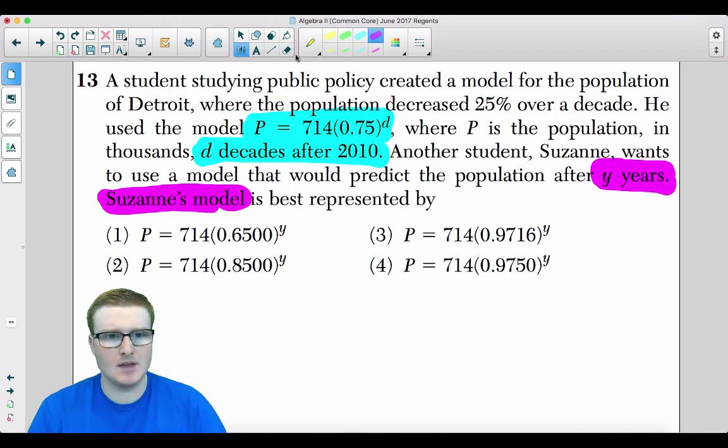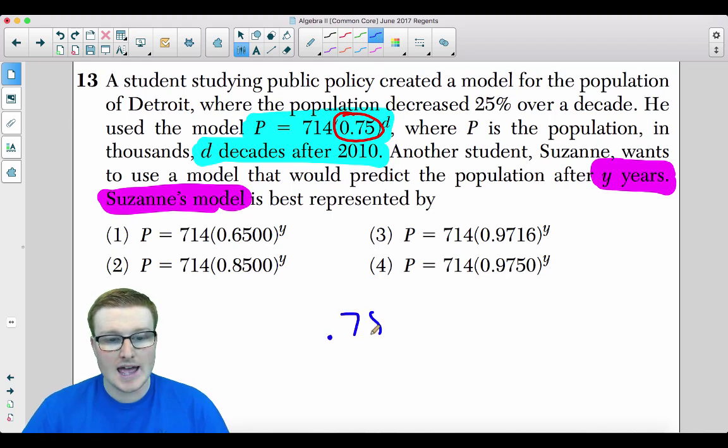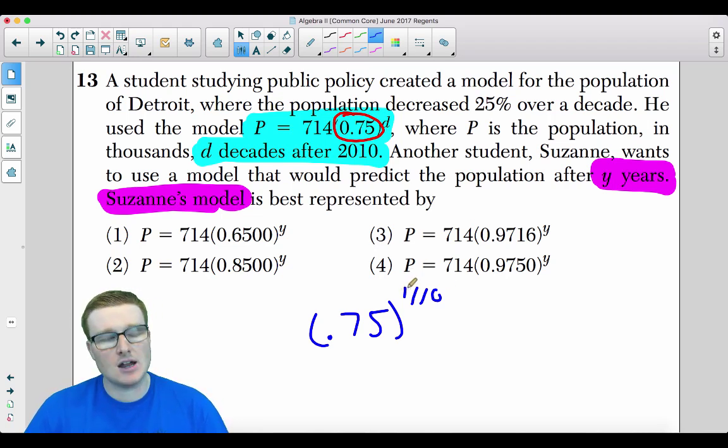So here's what's happening. We're going to take the 0.75 inside of the other student's equation, and we're going to raise this to the 1 over 10 power, because 1/10 represents 1 year of a decade. That's what that means.